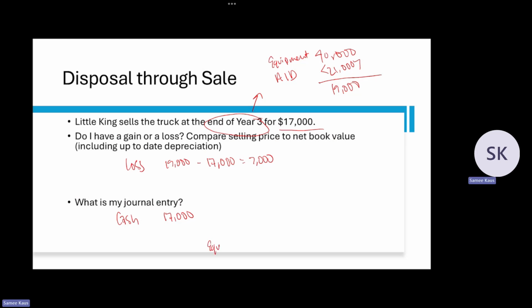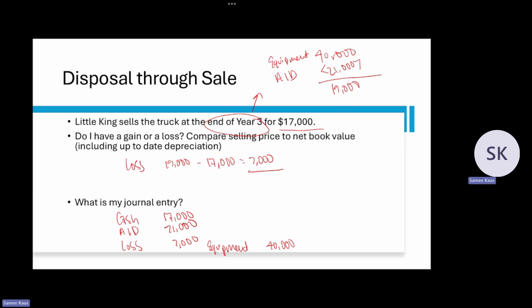I'm getting the equipment or the truck off my books for the full 40,000 bucks. I also got to get rid of my accumulated depreciation at the same time. So now I have credits of 40 and debits only equal to 38. So haven't I calculated this same loss right down here that I know I need a debit balance of 2,000 to get this journal entry to balance?